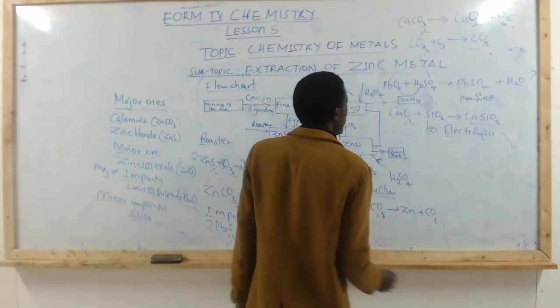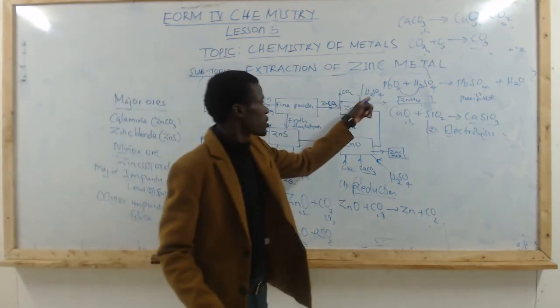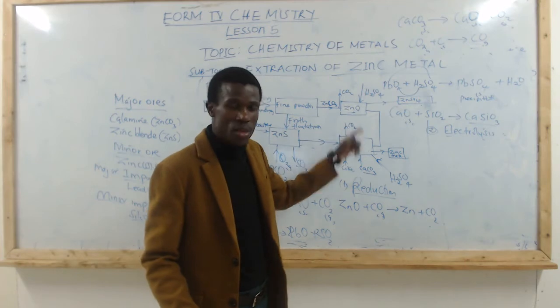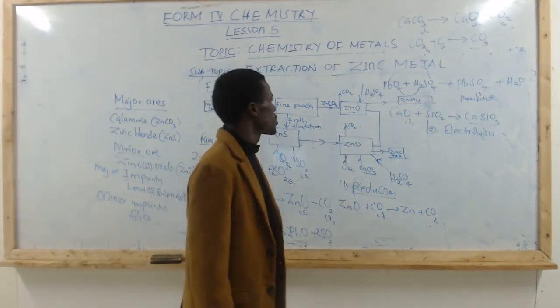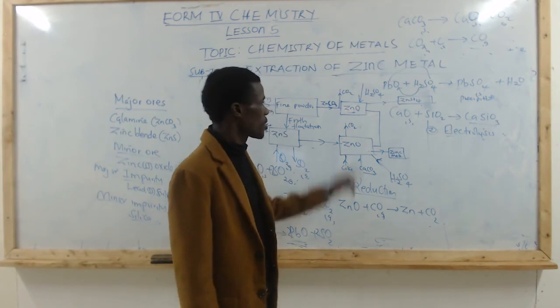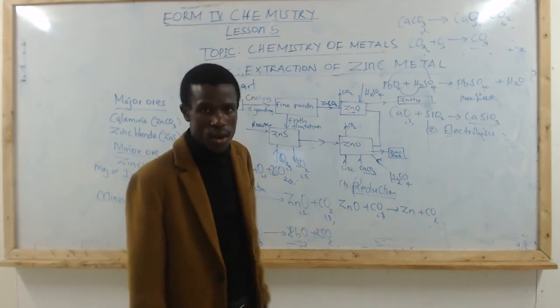I believe you know as a chemist, if you react sulfuric acid and zinc oxide, you form zinc sulfate. Now zinc sulfate is subjected to what? To electrolysis. How?